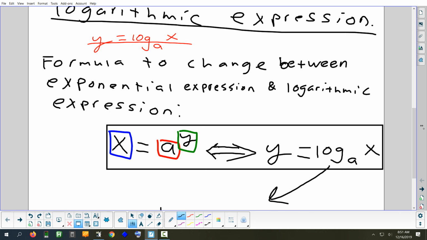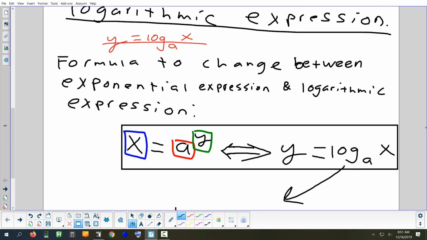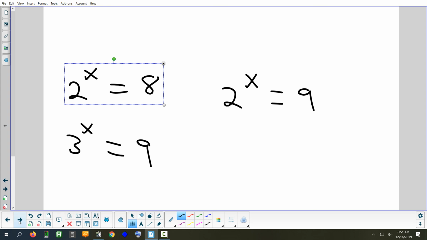All right, so I'm going to show you guys the formula to change between something that's called exponential and log. Those are the two things we're going to change between. So an exponential looks like this. Usually you've got a number equals another number and then a letter. Just like that.